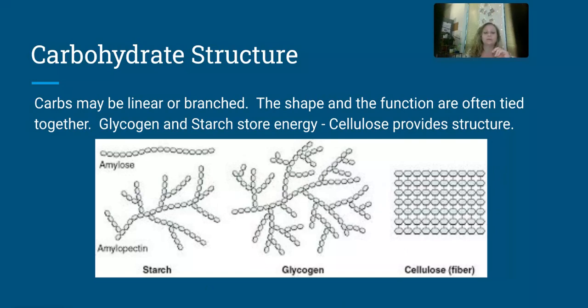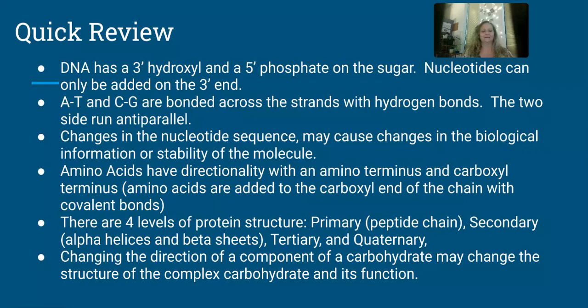So, in humans and animals, that branching effect, whereas in plants, we have the same formula but a different structure, it's going to line up and be more linear. This is a huge change in function, because of that change in structure. Glycogen and starch store energy, but cellulose is going to provide that structure to the plants, different function.